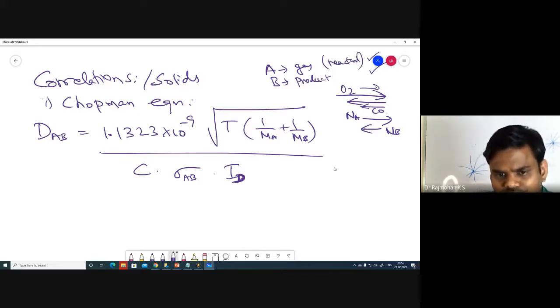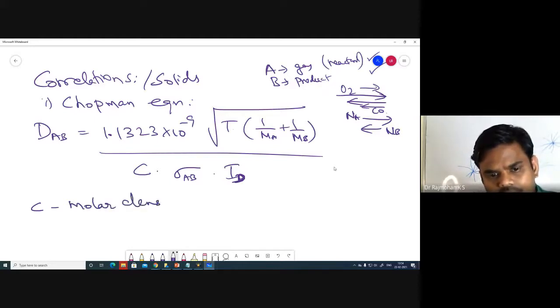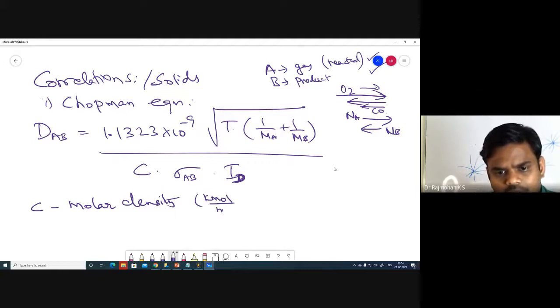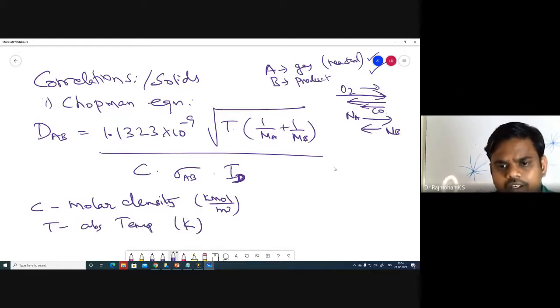So the molecular weights of A and B we are going to make use of. T is absolute temperature in Kelvin, DAB is in meter square per second. Let us write that. What is C? C is molar density in kilomoles per meter cube, and T is absolute temperature in Kelvin.